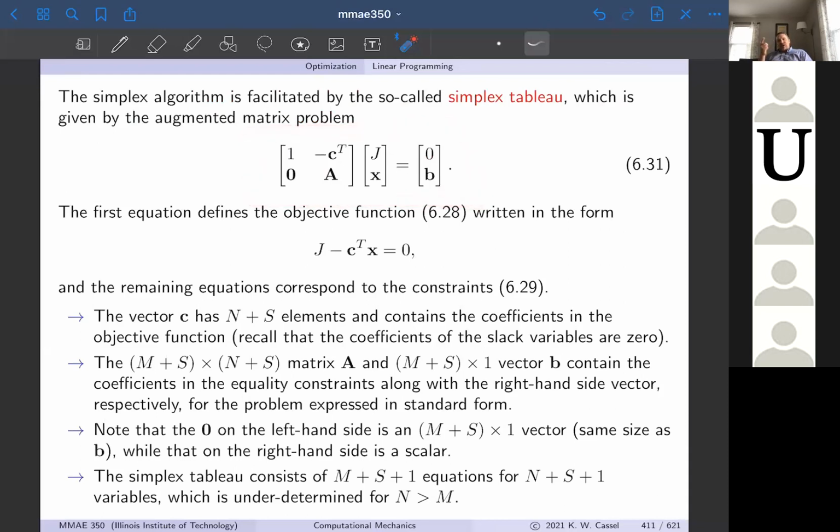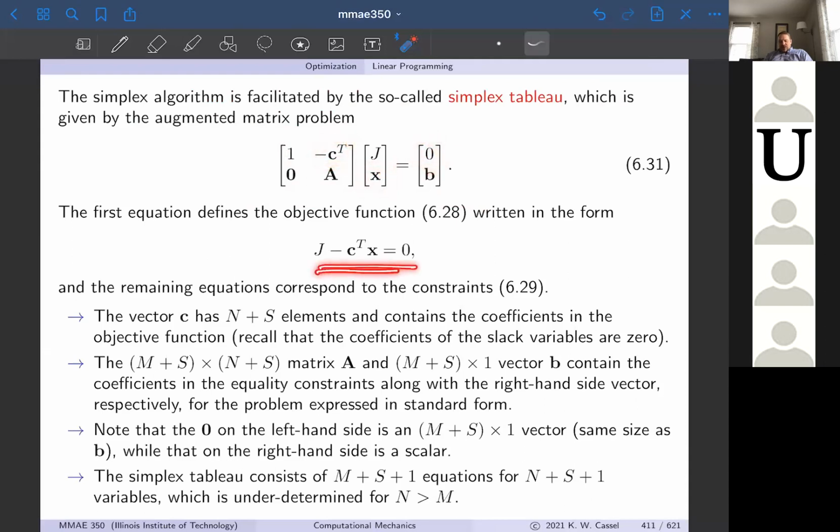So remember, we had our objective function, which was j is equal to c transpose times x. And then we had our constraints, which were Ax equals b. If we combine them into one single system of algebraic equations, we get this. We have 1 times j minus c transpose x, that's the inner product of c with x, and that's equal to 0.